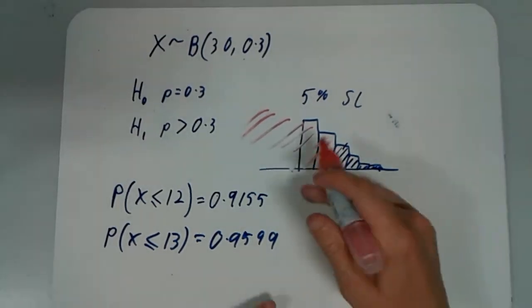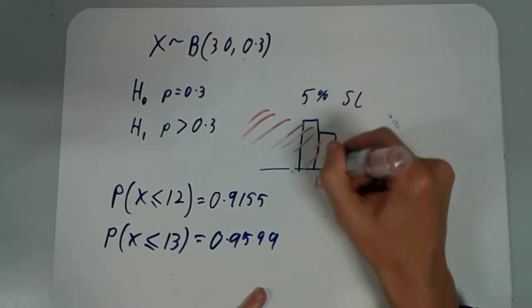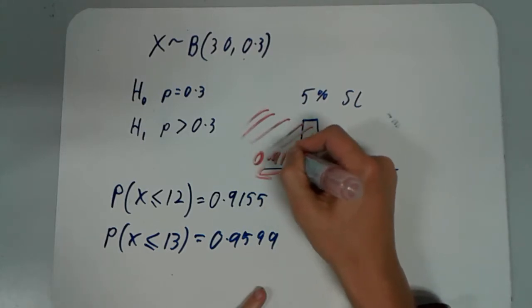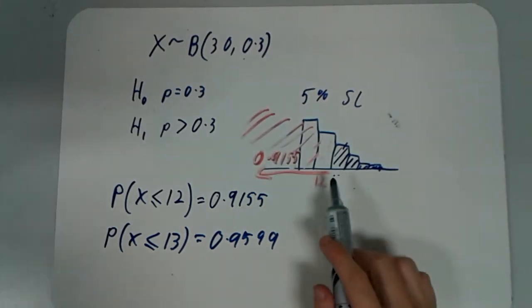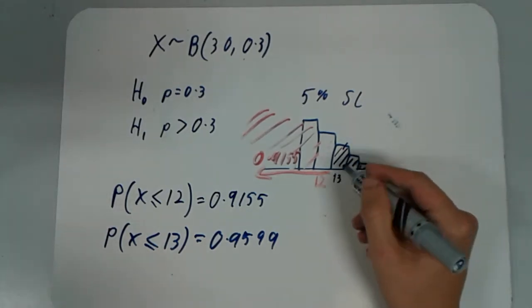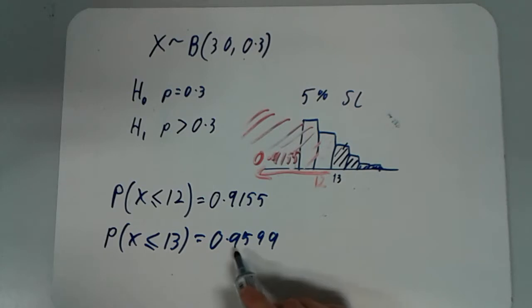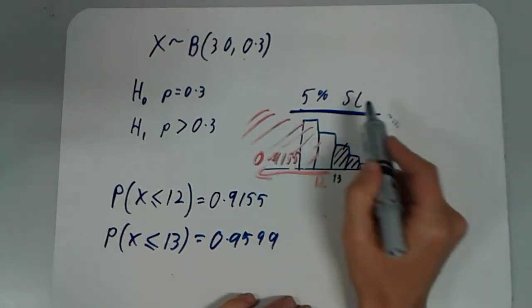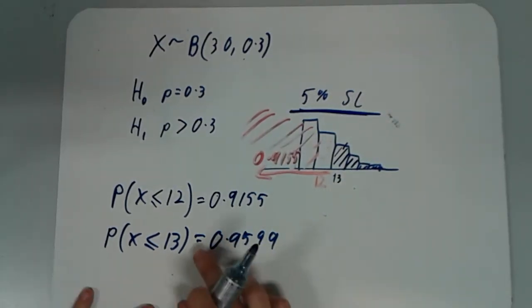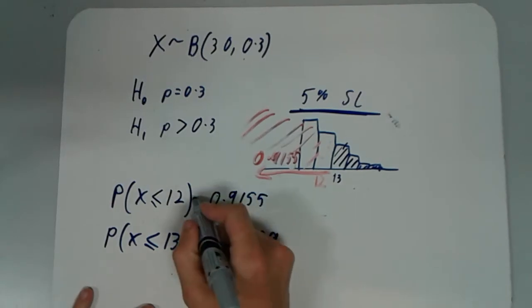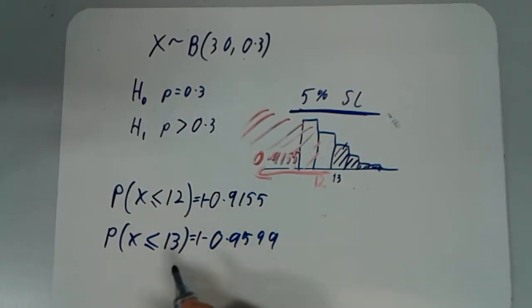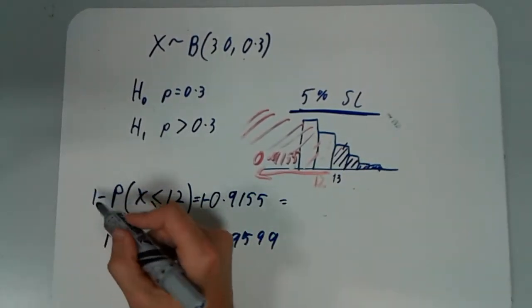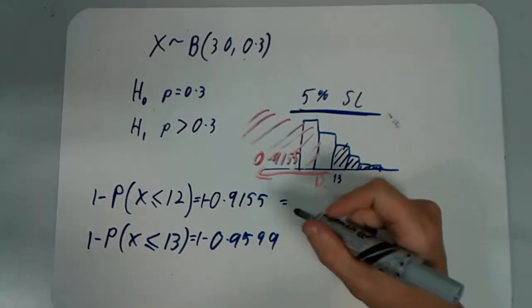Looking at my diagram, the probability of being 12 or less, this area downwards, is 0.9155, and the probability of being 13 or less is 0.9599. Remember, I was looking for a 5% significance level. So straight away I realise these are both 90-something percents. I need to do 1 minus these numbers so that I can compare them to the 5% that I was after.